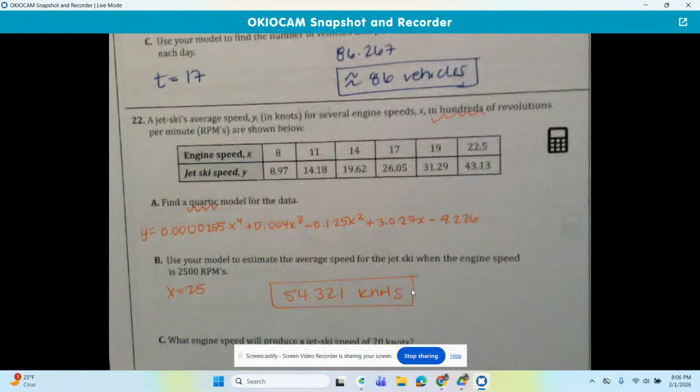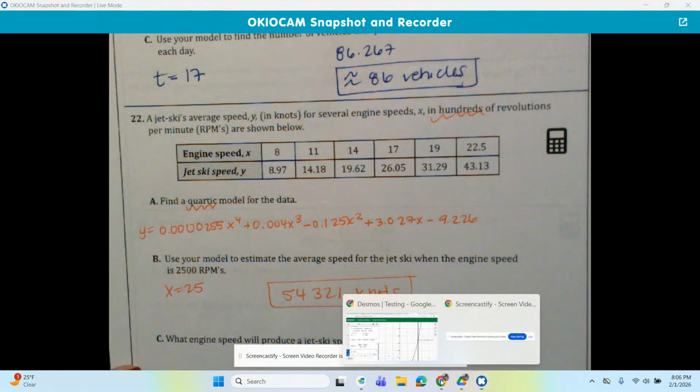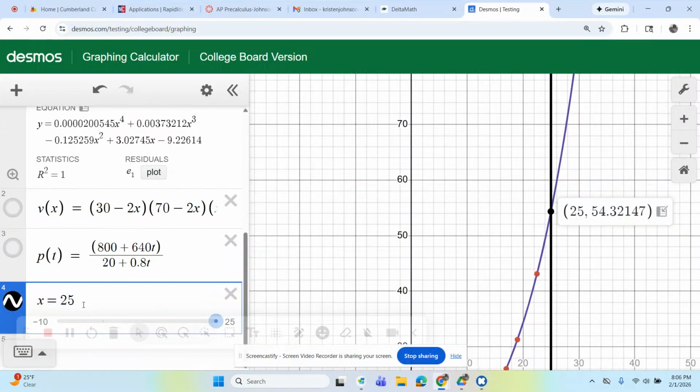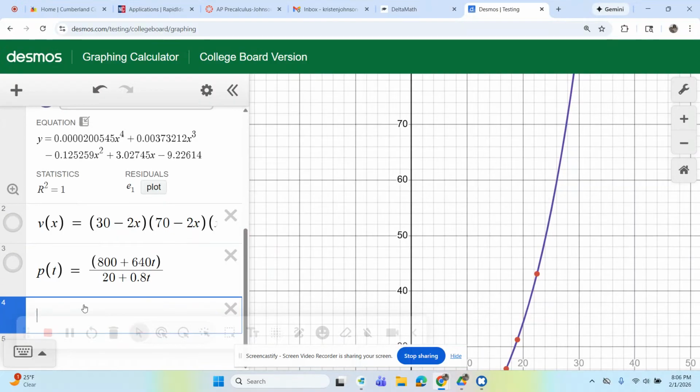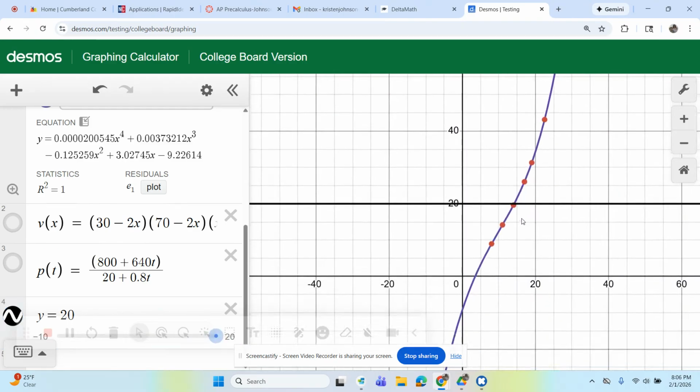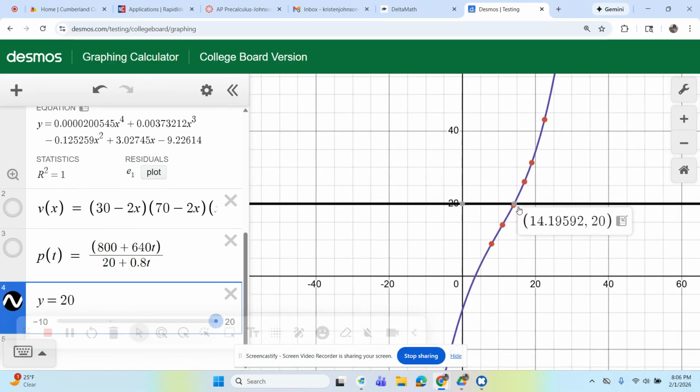All right. And then what engine speed will produce a jet ski speed of 20 knots. So then I want to go back and I want my Y value to be 20. And I want to see where that intersects. That happens right there. Okay, so it's 14.196 roughly.